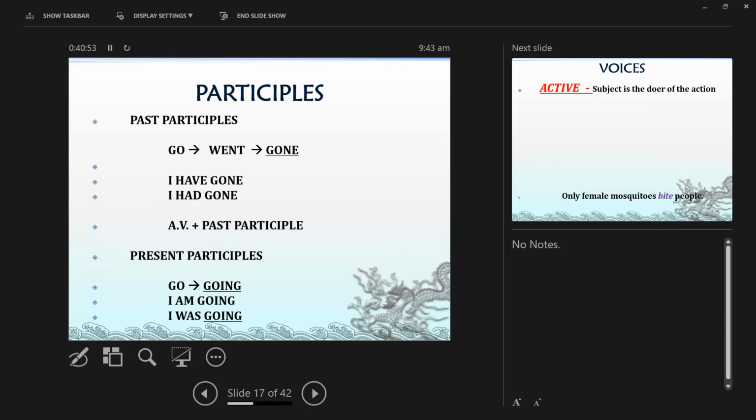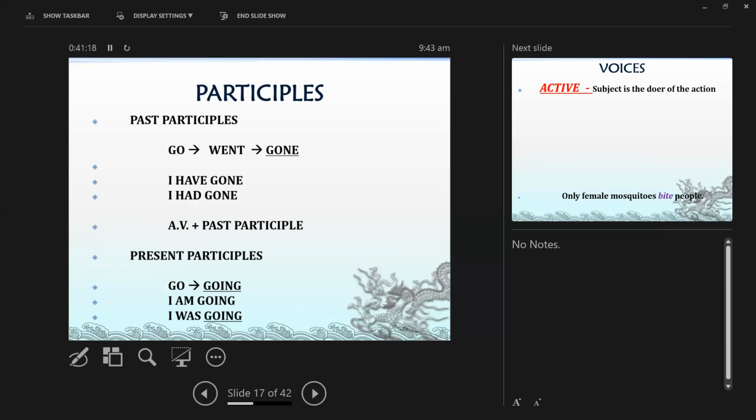And present participle, I am going, meaning it talks about an action that you are about to do. Okay? I am going to attend my IELTS review class or lecture. I was going to the park.